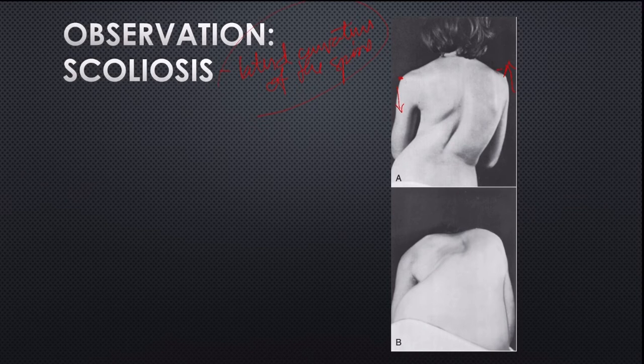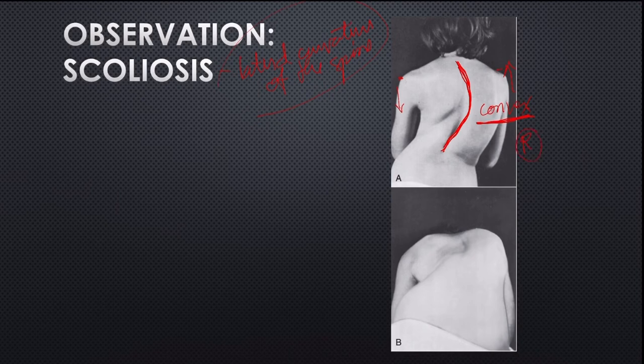If this shoulder is elevated, that's the region wherein the convex portion of the spine is located. Again, I want to highlight this because in naming scoliosis, it's always the convex region. Where you can find the convex region, that's the side of the scoliosis. In this case, the convex portion is located on the right.